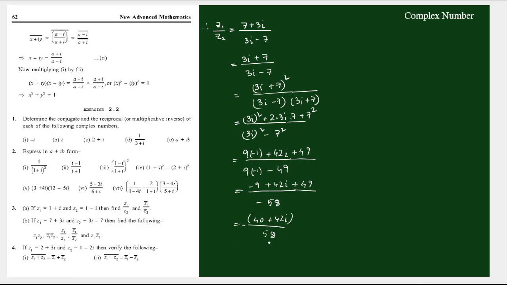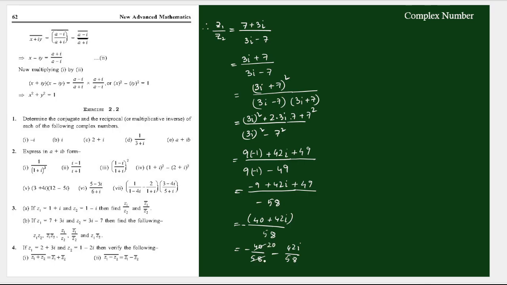Now if we want to write it in the a plus ib form, then it will be minus 40 by 58 minus 42i by 58. I think it is divisible by 2.